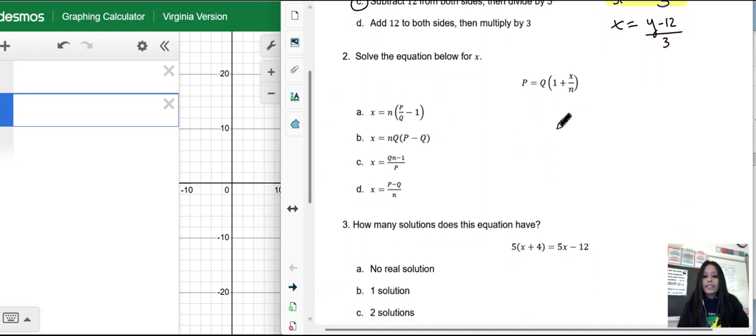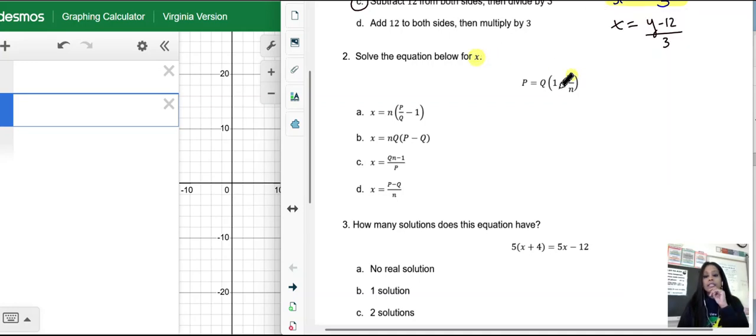All right, here's a little bit more complicated because it has parentheses and it has a bunch of stuff, right? But my main focus first is to figure out what it's asking me to solve for. Okay, it's asking me to solve for x. X is right there.